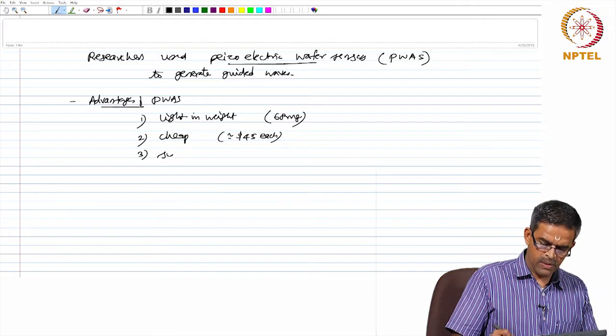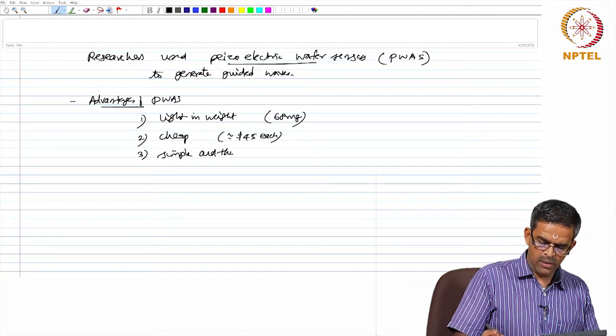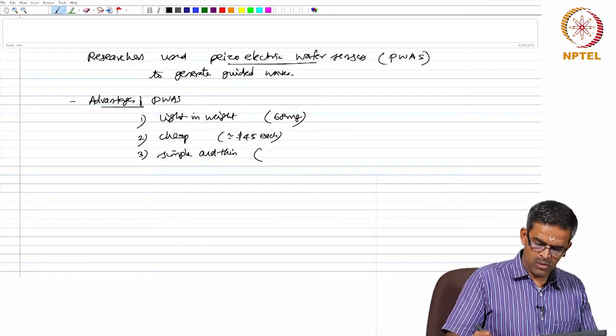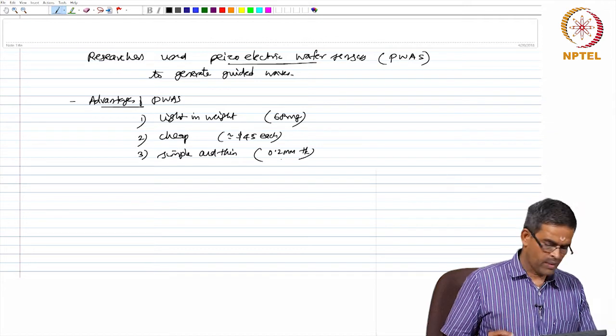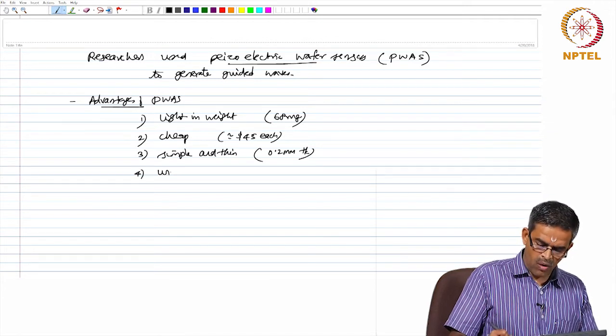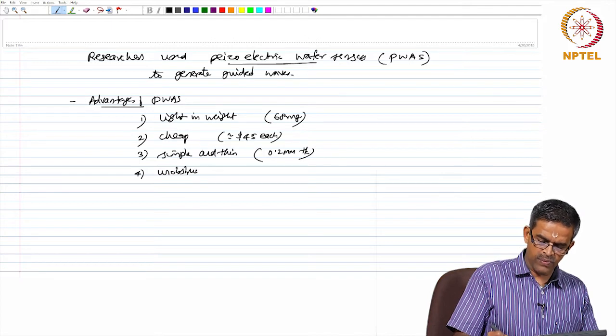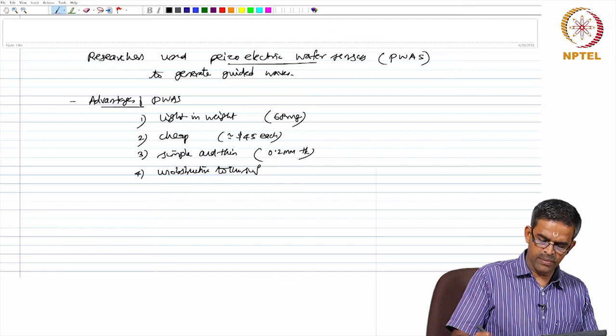They are very simple and thin, essentially about 0.2 millimeter thick, and they are unobtrusive to the surface where they are embedded.